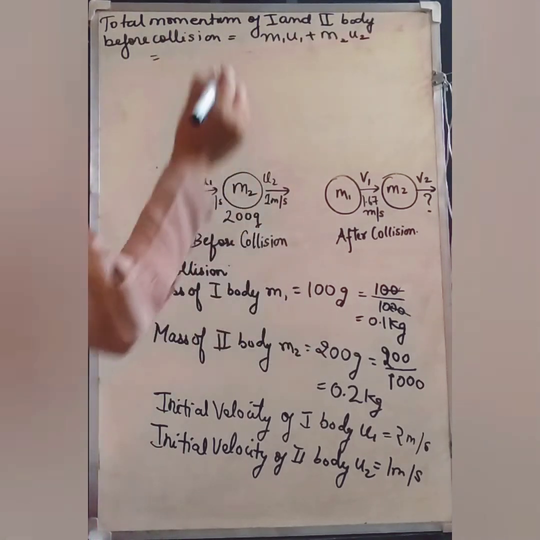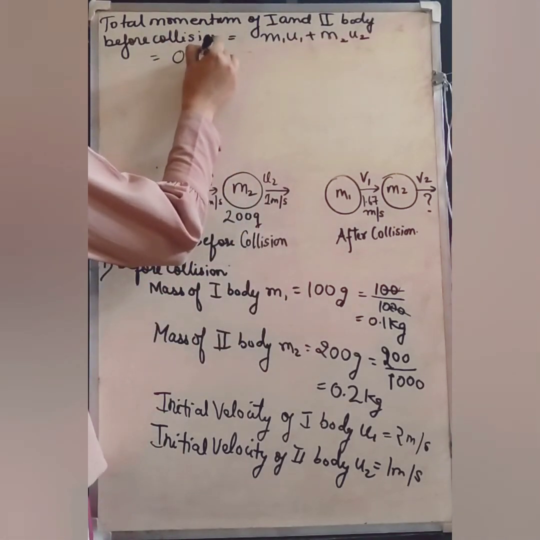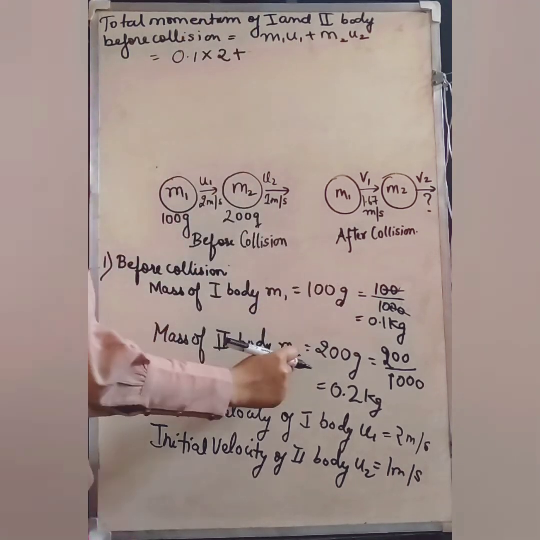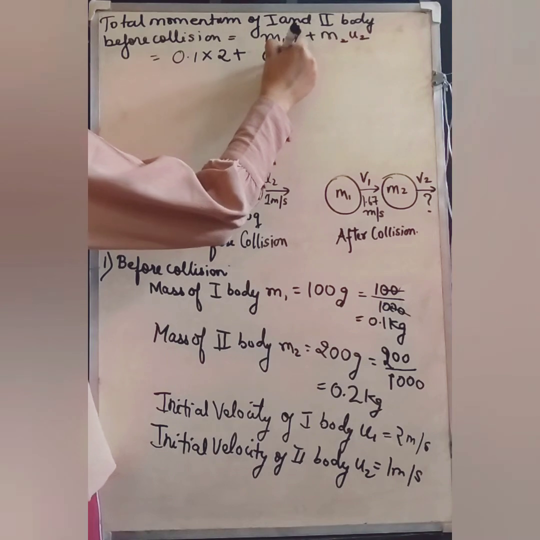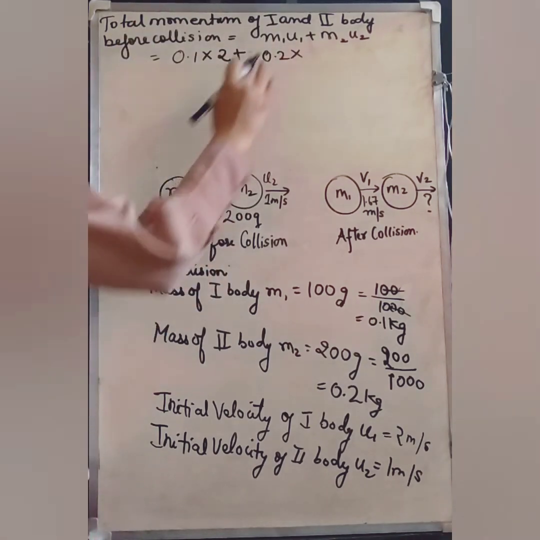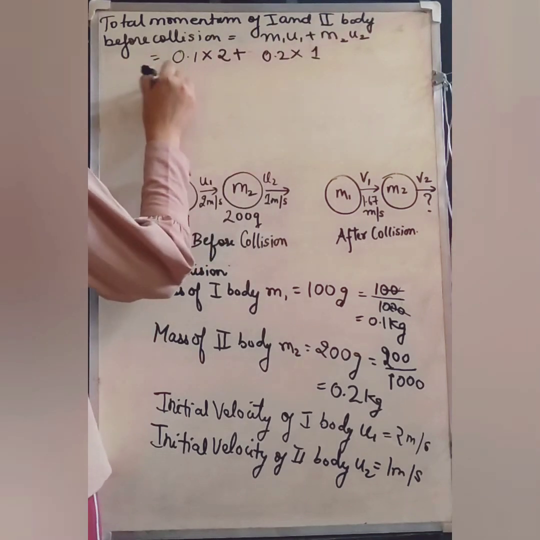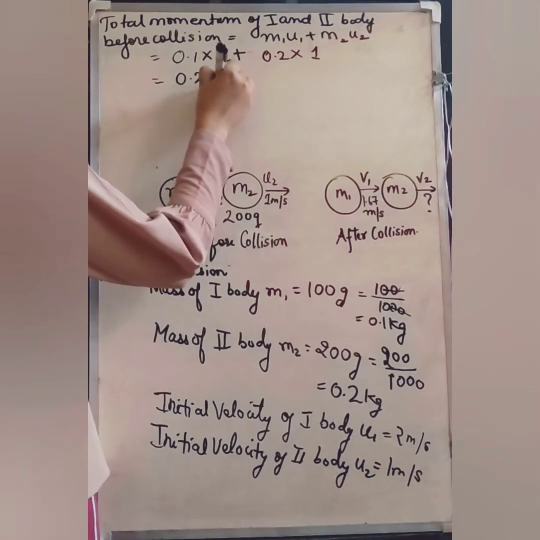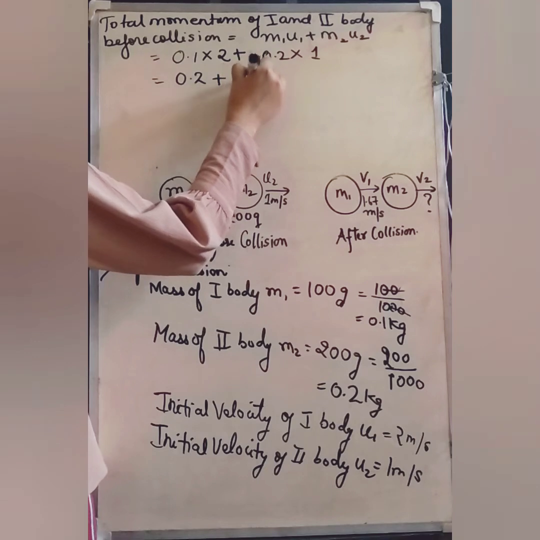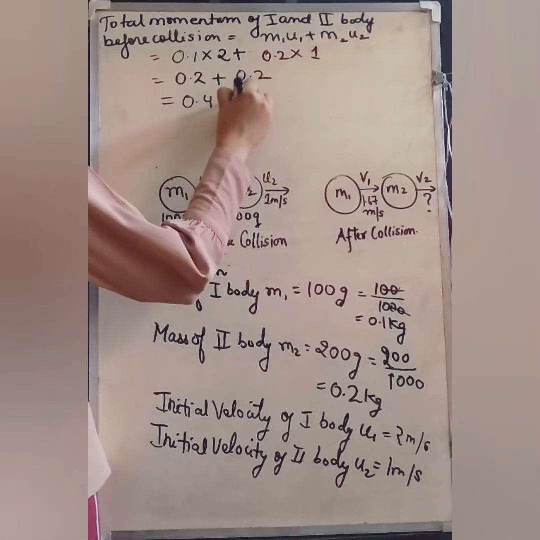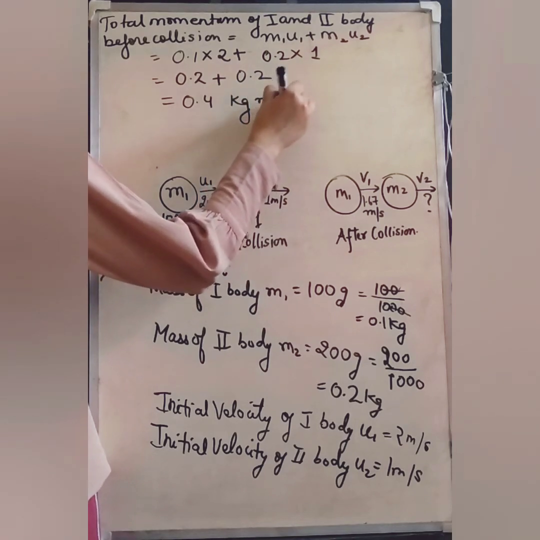So m1 is 0.1, u1 is 2 plus m2 is given 0.2 and u2 is 1. So it will be 0.2 plus 0.2 into 1 will be 0.2, which will be 0.4 and the SI unit of momentum is kg meter per second.